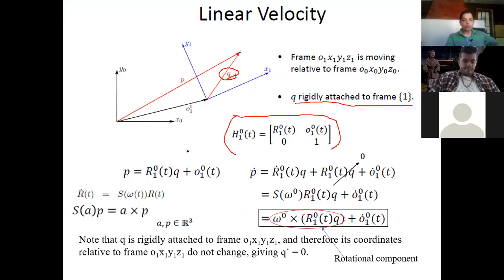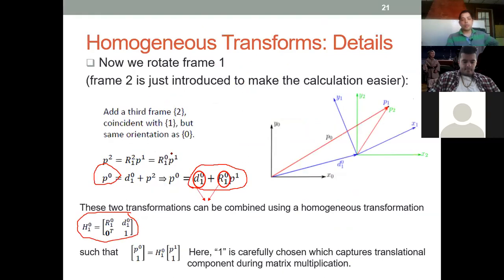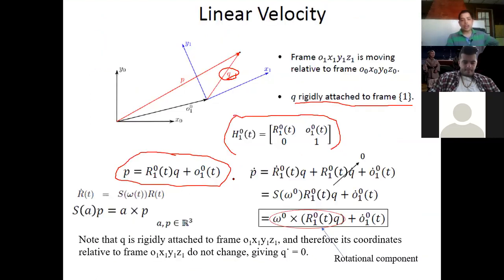And we also know this one. I'm rewriting this. This equals that, right? So P0 equals D10, R10, P1. I'm rewriting this like this. So R10, Q. Now I have a slight change in notation here. Then that D is O.